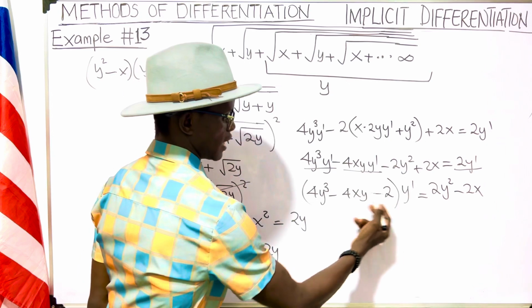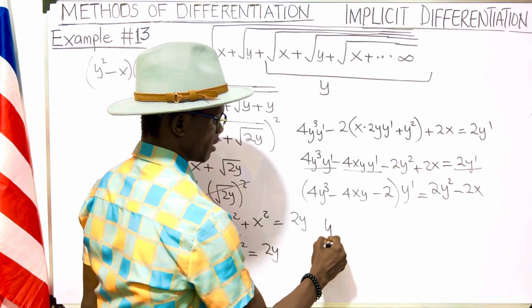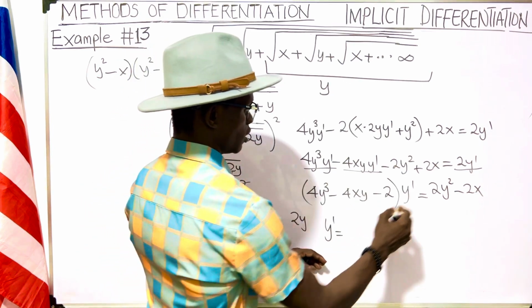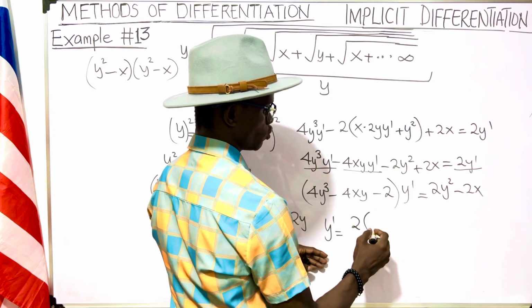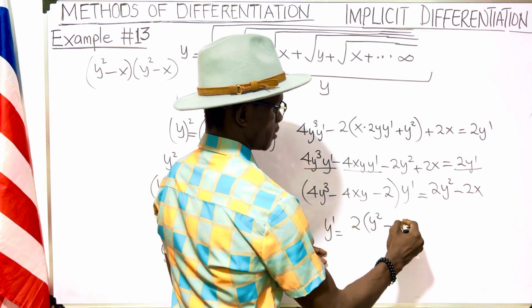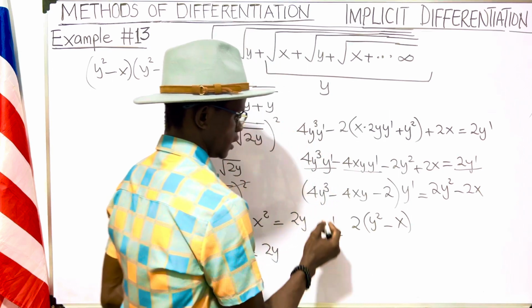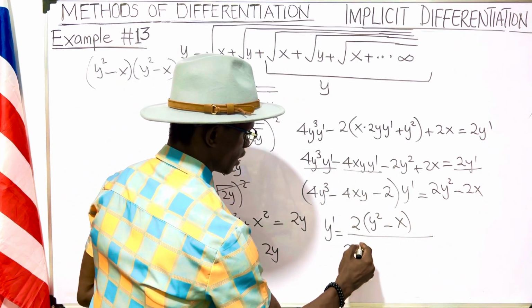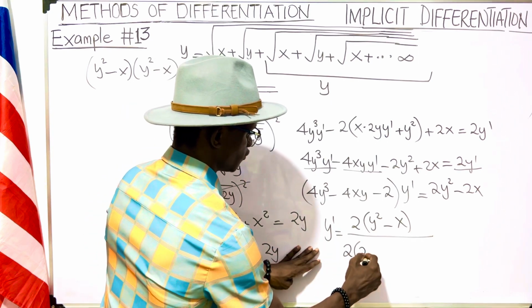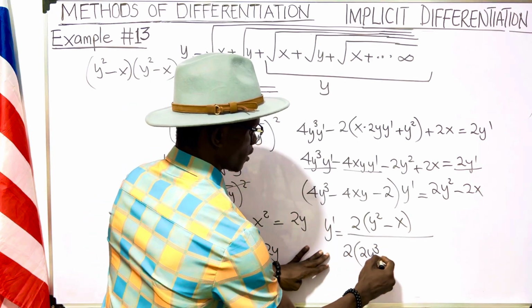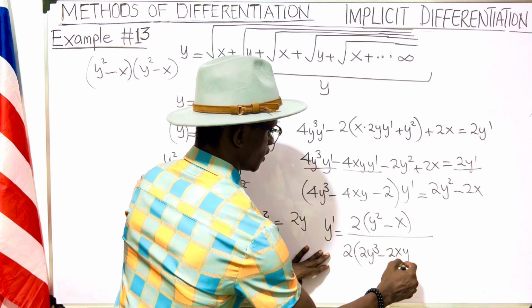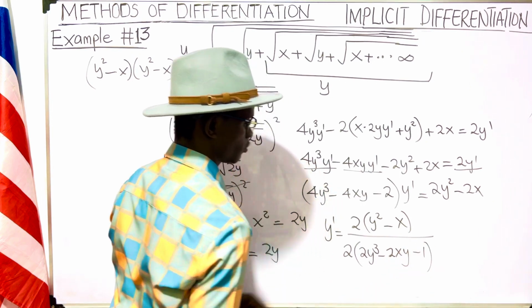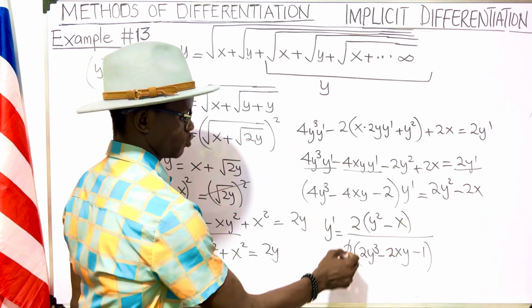So we can divide both sides by this expression. y prime would just be equal to, in the numerator, we can factor out 2, so it's y squared minus x. Down here also, we can factor out 2, so it's 2 outside. We just have 2y cubed minus 2xy, and then minus 1. So this 2 can cancel this 2.